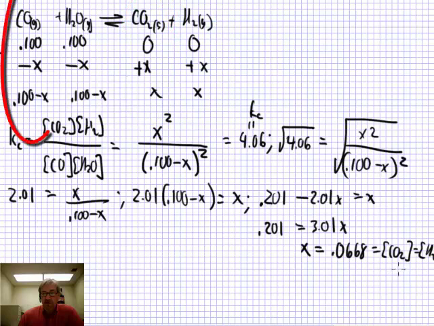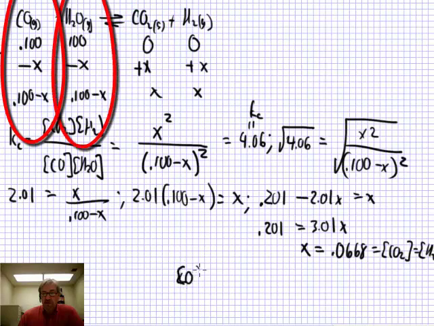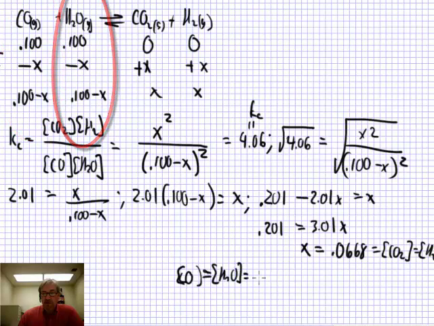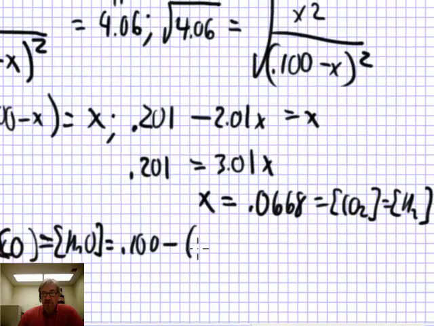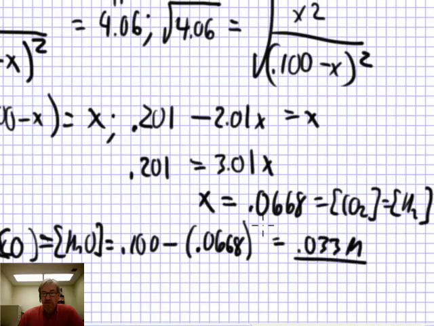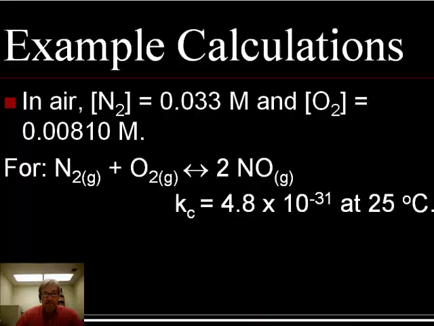The concentration of CO and the concentration of water were equal to 0.100 minus X, or minus 0.0668, now that we know what X is. And those work out to 0.033 molar. So now we have the concentrations of all products and reactants at equilibrium.